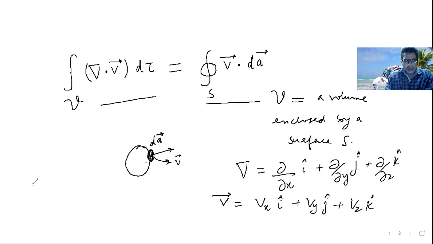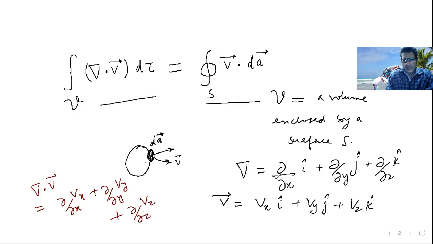That means divergence of v will be what? Dou by dou x of vx plus dou by dou y of vy plus dou by dou z of vz. So I am multiplying the corresponding components and then adding them, right?